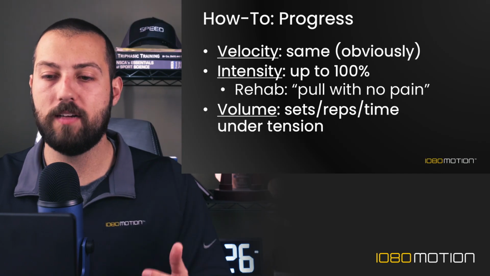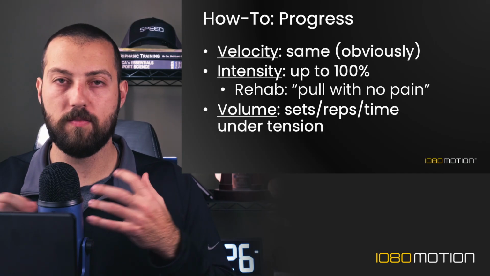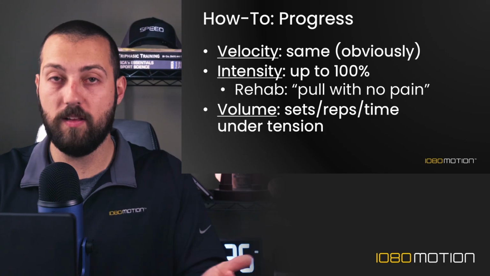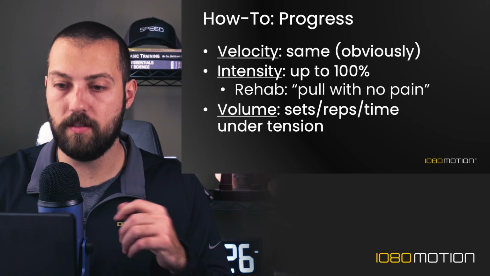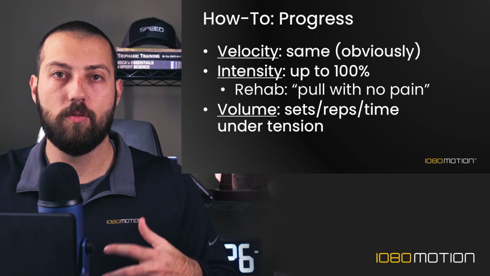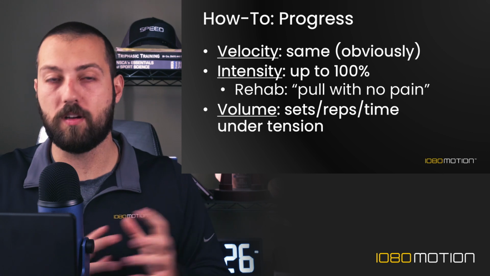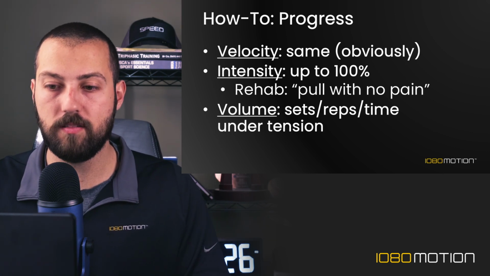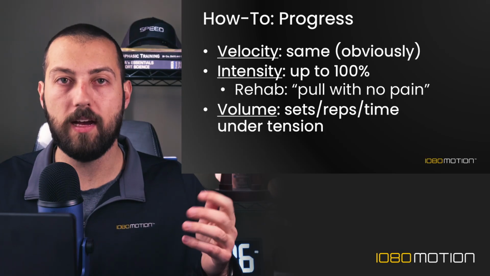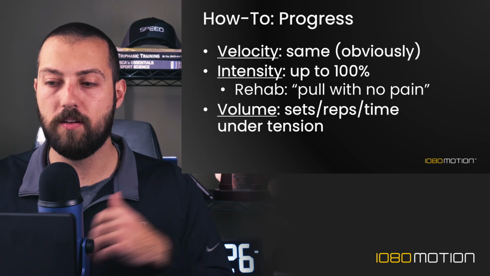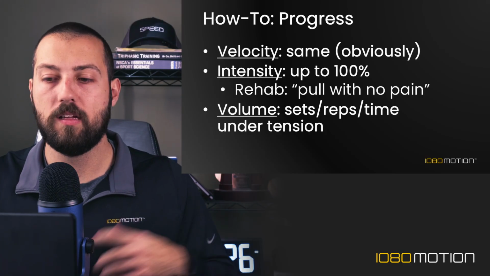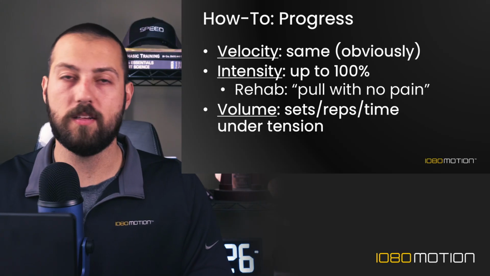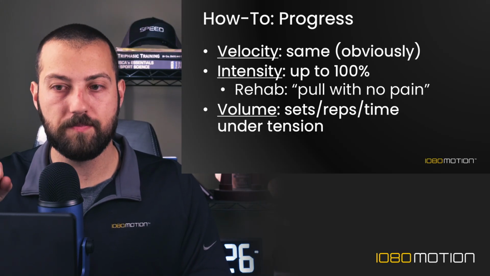So progressing your isokinetics over time, well, for the exercise that you're doing, the velocity will stay the same, obviously. For intensity, well, once you on-ramp and work up to it, intensity will always be at 100% or max effort. And if it's something like rehab, a good quote of Matt Price, one of the longest tenured 1080 users, he says, pull with no pain.